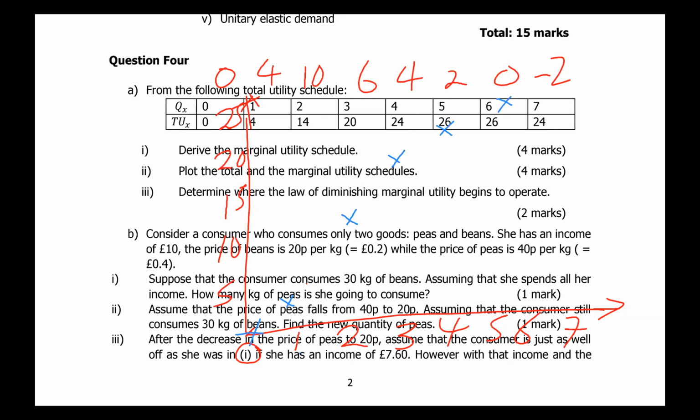Then 6 again, here it is. Then after 7 is 24 again, meaning it has gone down. So if you are to graph this, it will be a joined line like this. This is your total utility. Have you seen that immediately after 6 units, it has started falling?